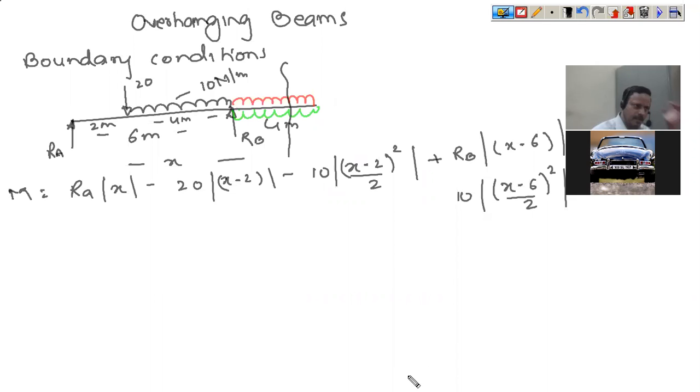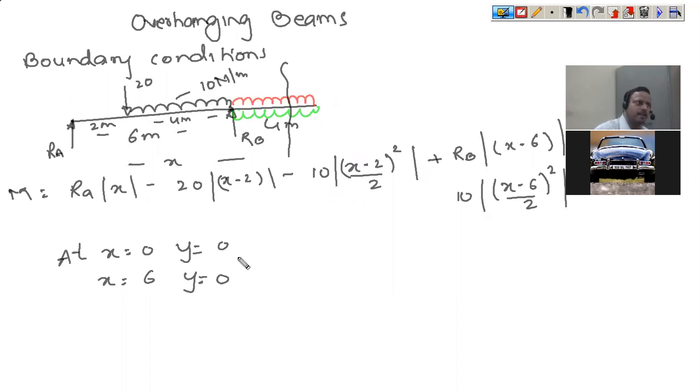The difference as compared to a simply supported beam is that you need to integrate it twice and find out the values of C1 and C2. At x is equal to 0, y is equal to 0, and at x is equal to 6, y is equal to 0. At x is equal to 6 means at this location y is 0.